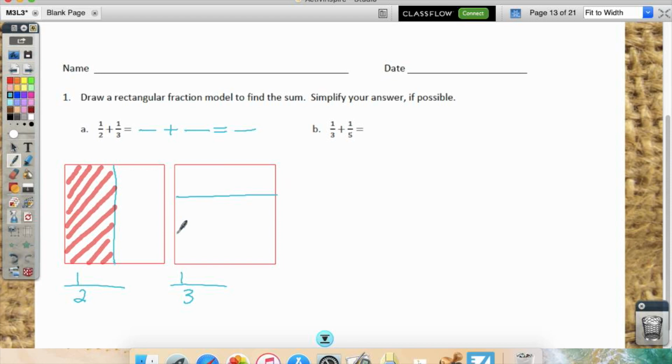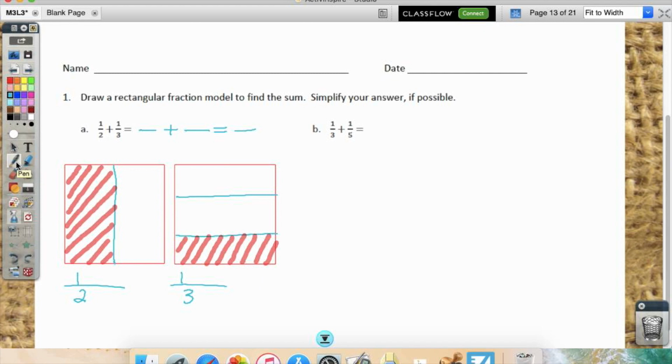And then divide this one into thirds and shade 1/3. Okay, got that much done?